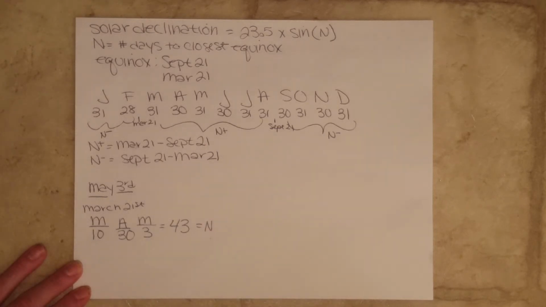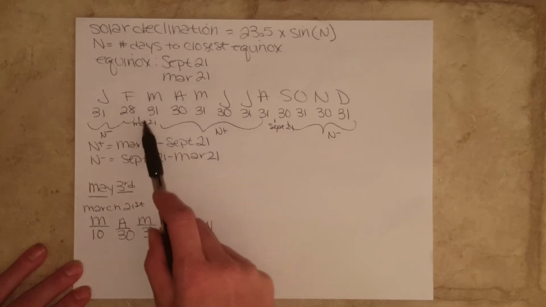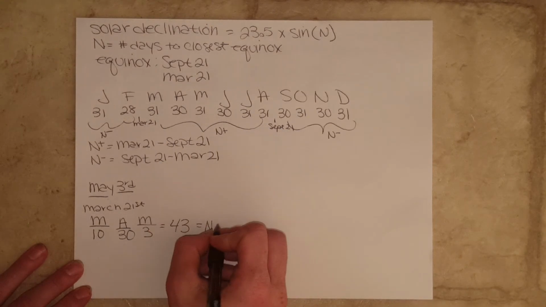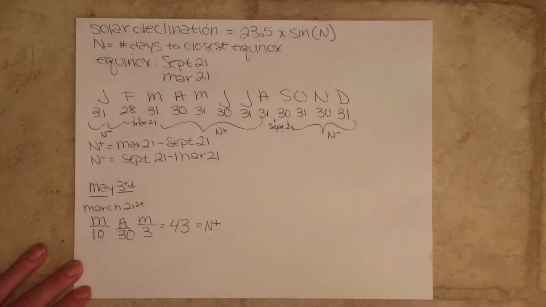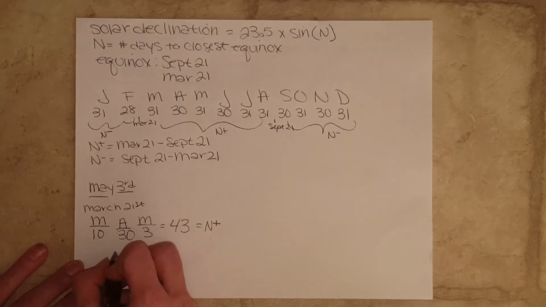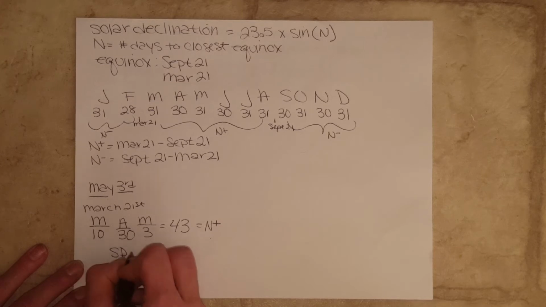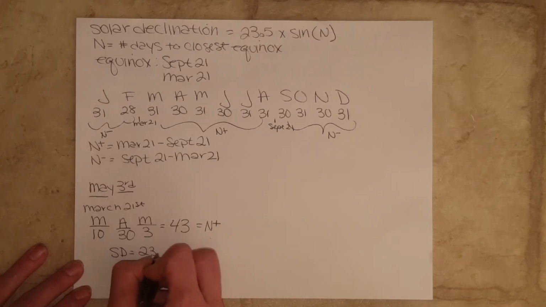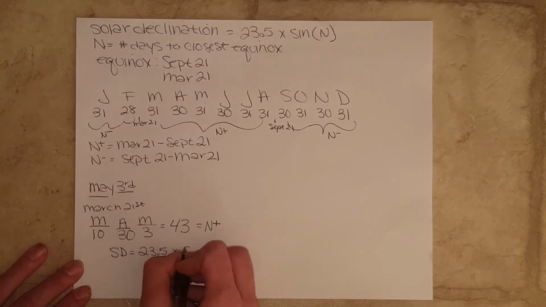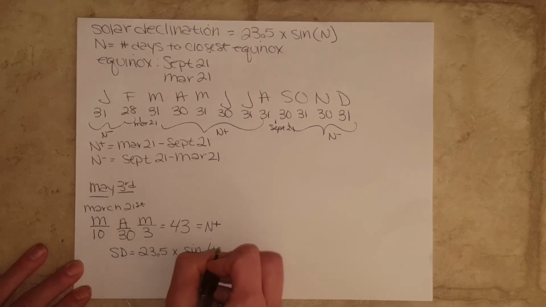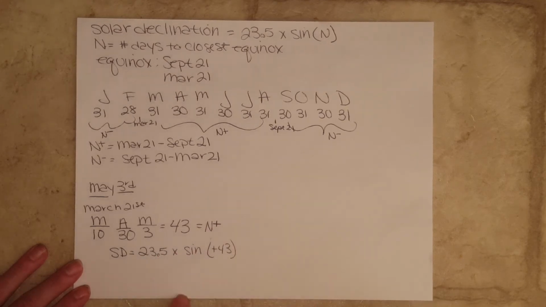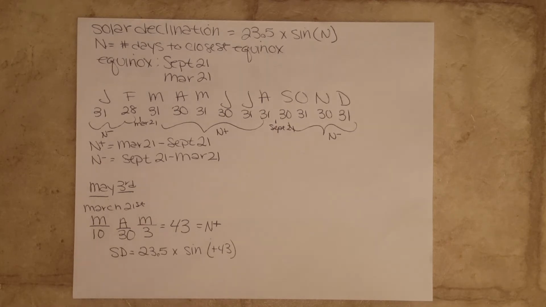Okay. The next thing we have to figure out is, is it positive or negative? Well, May 3rd falls between March and September, so we know n is going to be positive. Now all we have to do is put it into our equation. So we have SD, or solar declination, is 23.5 times the sine of positive 43. Now some key things when you are using your phone or your calculator to calculate these: you need to be working in degrees.